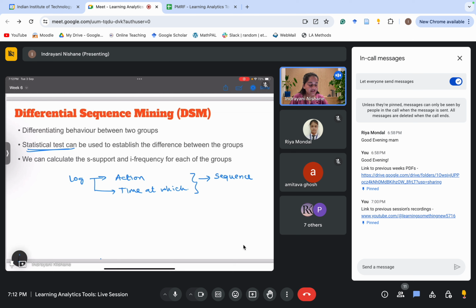Both of these variables together give us information about sequence. They also give us information about the duration of each action, because every action has an associated timestamp, with the help of which we can calculate the duration of that action. So the temporal nature gives us sequence, duration, and also frequency of the action. If we exclude duration, then sequence and frequency, these two metrics, we can find out using pattern mining.